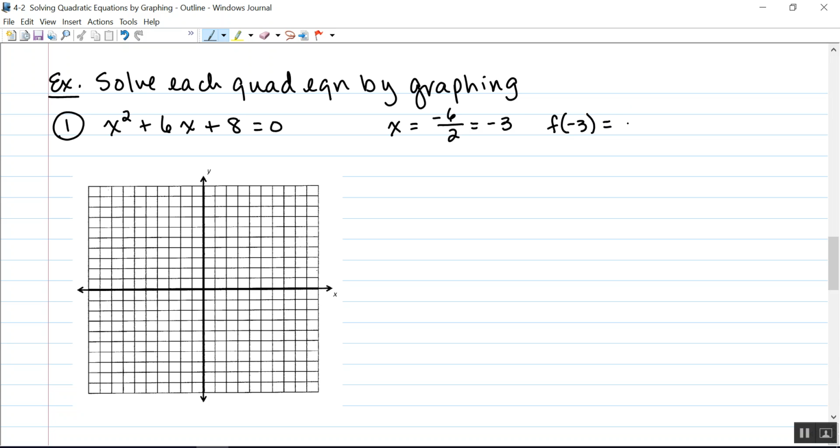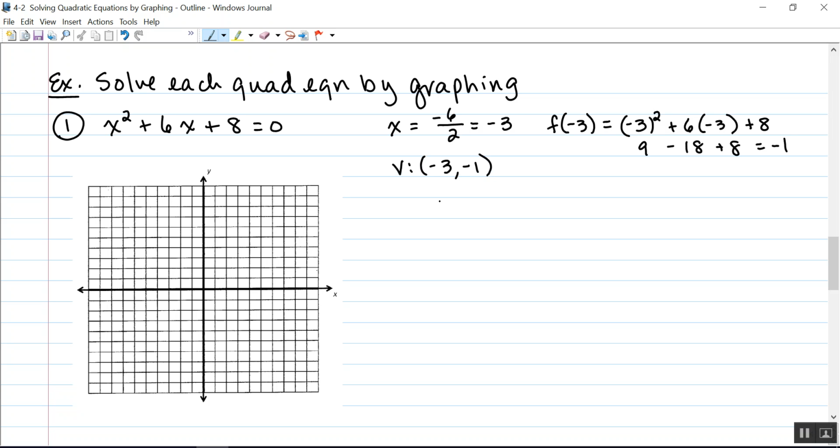So that's going to be negative 3 squared plus 6 times negative 3 plus 8, or 9 minus 18 plus 8, or negative 1. So my vertex is the point negative 3, negative 1.